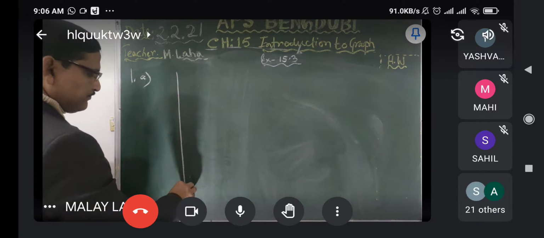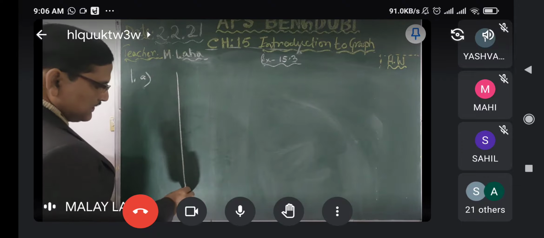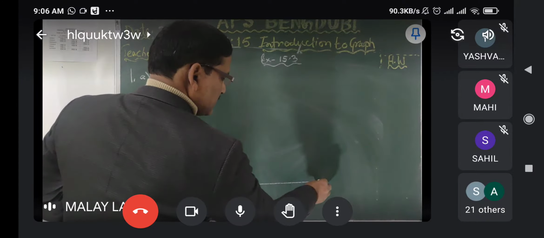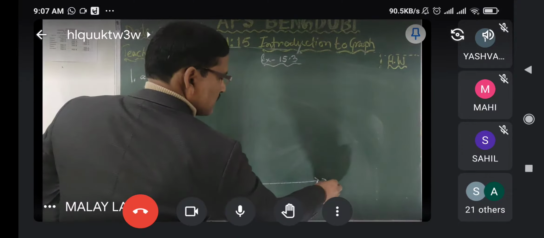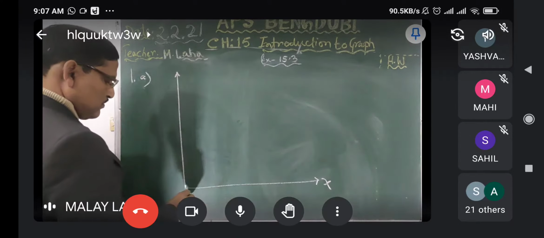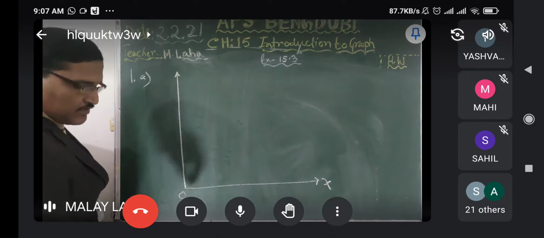This is the y-axis, this is the x-axis. This is the first quadrant, and we will be plotting in the first quadrant only.